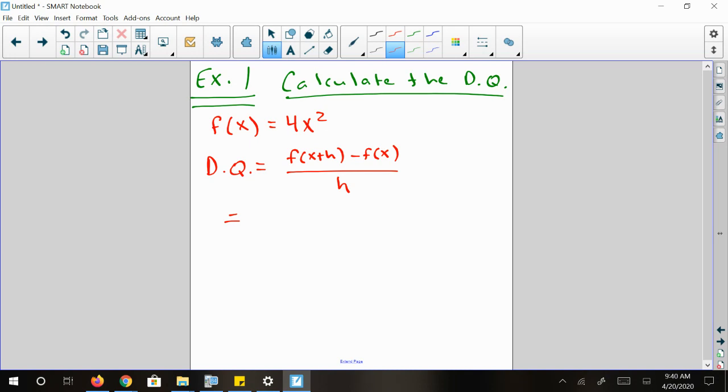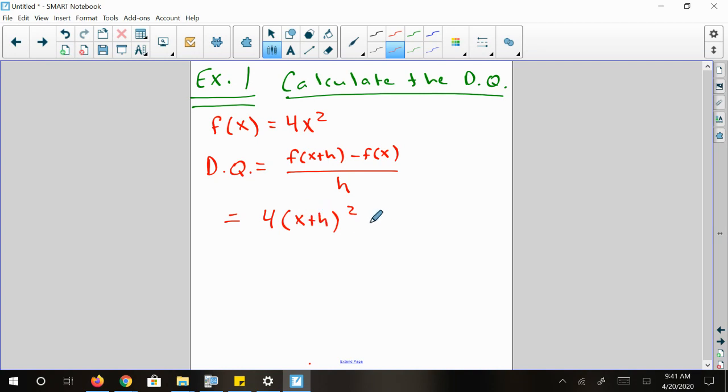What this means is we're going to go to the function, which is 4 times something squared, okay? In this case, f of x is 4x squared, but since we're doing f of x plus h, this means in place of x, I'm going to literally plug in x plus h, okay?